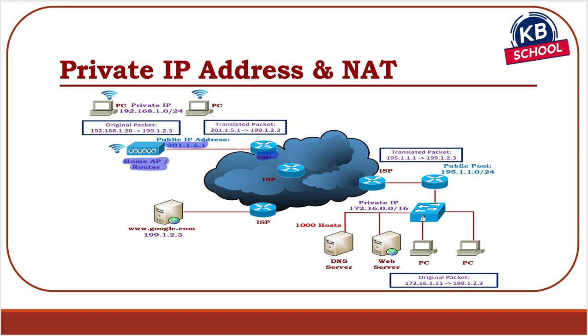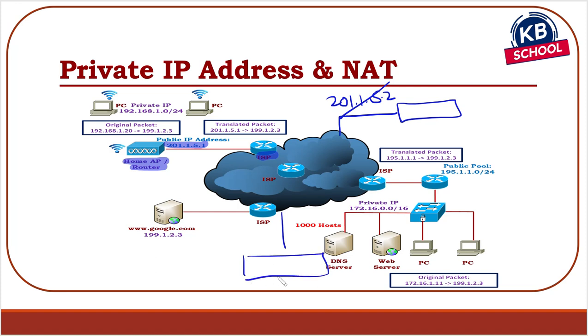If another end user tries to connect, he will also get an address assigned, let's say 201.1.5.2. If this guy is not using it, the ISP will take that address and assign it to another end user. So this guy could technically get the same address assigned if he is not using it during the idle time.